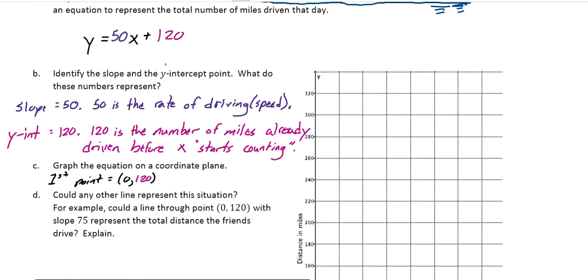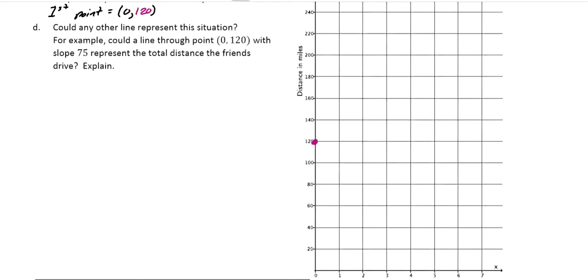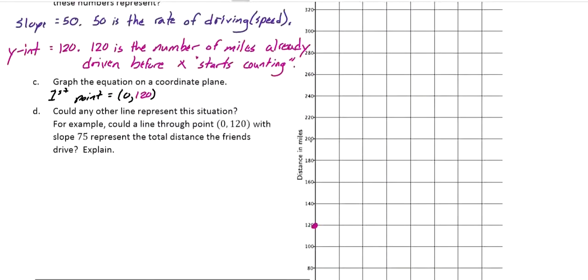B is always the number that's constant, that's not with x. So the first point goes right there on our graph: 0, 120.